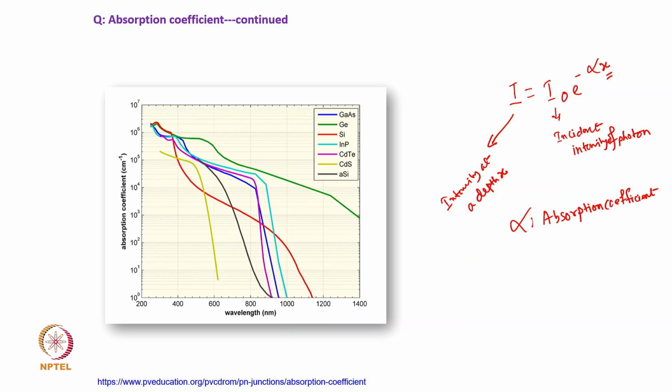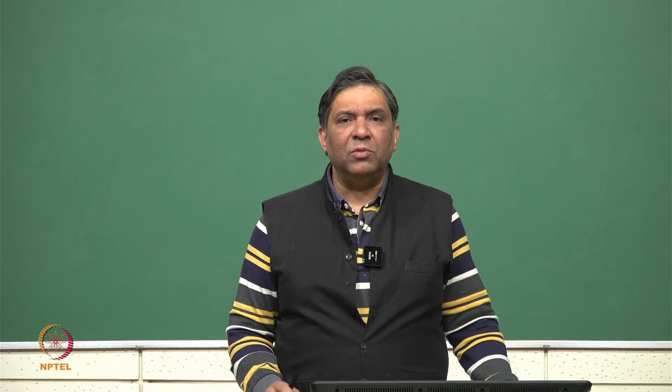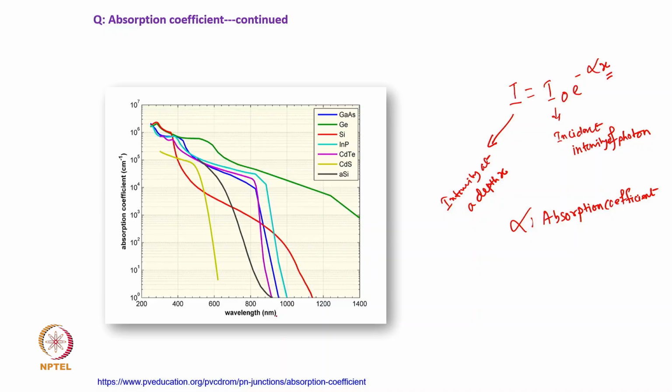If we plot the absorption coefficient, whose unit is inverse length, centimeter inverse, versus wavelength for different semiconductors, there are various semiconductors given here, say gallium arsenide, germanium, silicon, indium phosphide, CdTe, CdS, amorphous silicon. Some of them we will discuss in our next lectures, but let us look at silicon, the red one. We follow this curve, this is silicon, and you can see how it is changing.